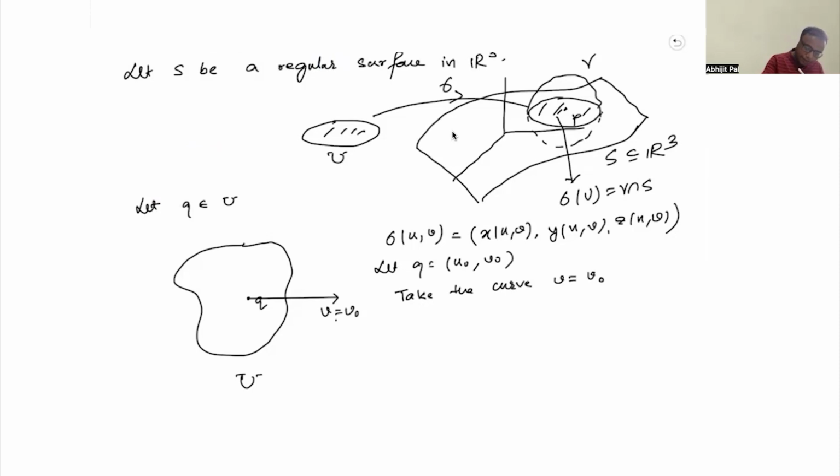And similarly, I have the curve u equal to u naught.